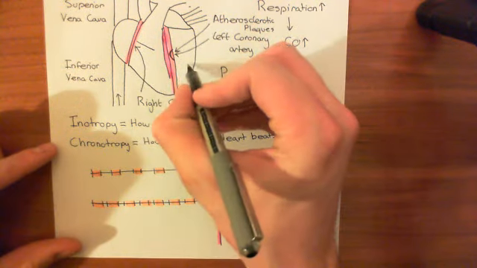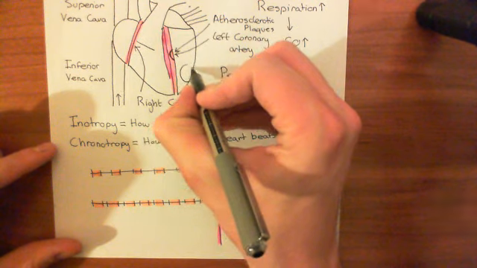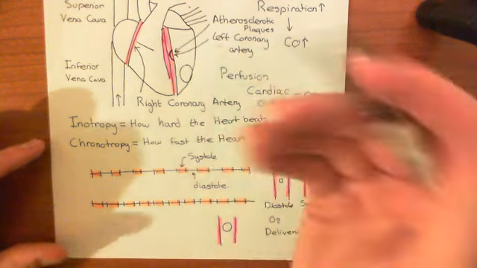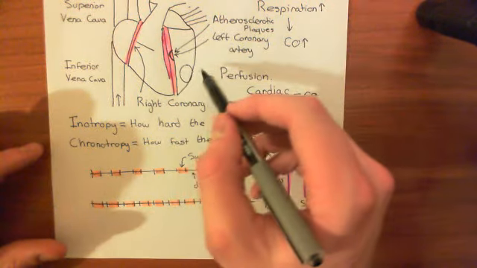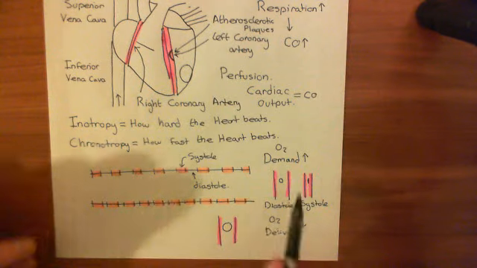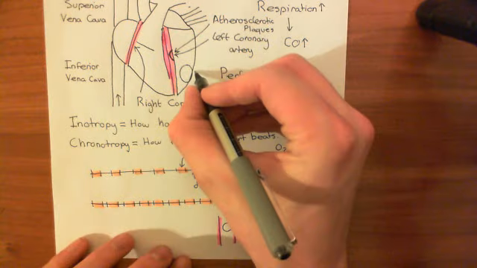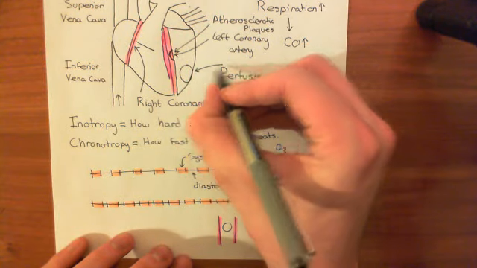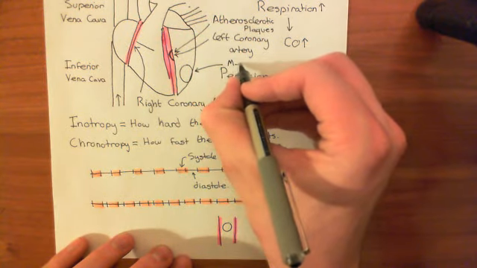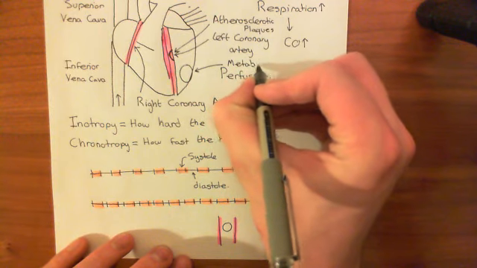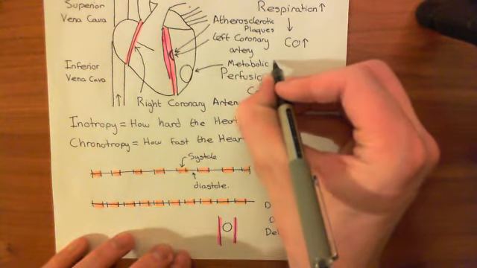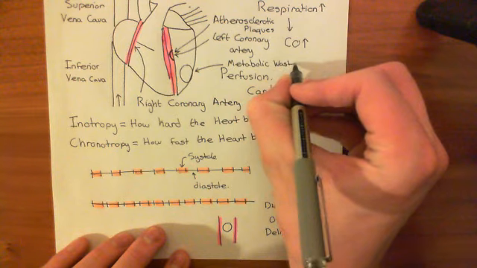So let's say this portion of the myocardium isn't receiving a great enough perfusion, okay? The wasteful metabolites, the waste that the myocardium is producing, those metabolic waste products are going to build up. Also, you're going to start getting hypoxia. Metabolic waste products go up.